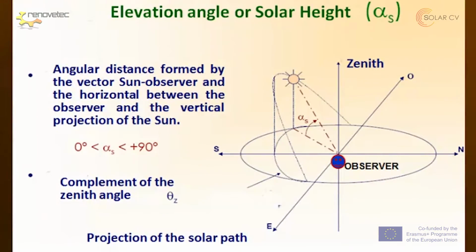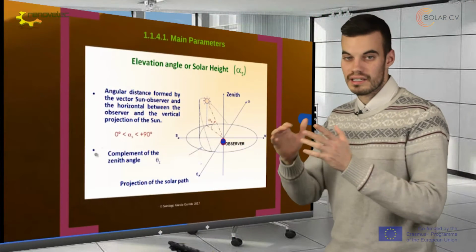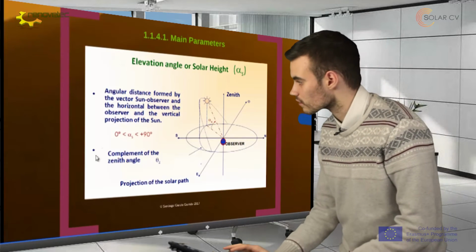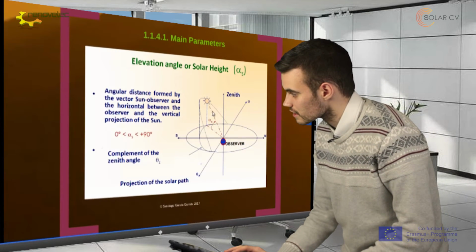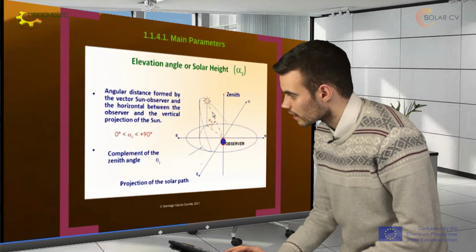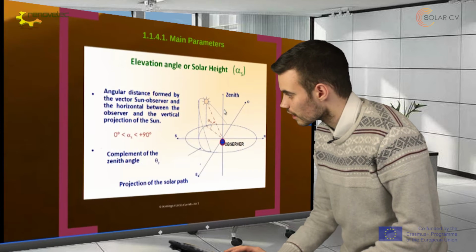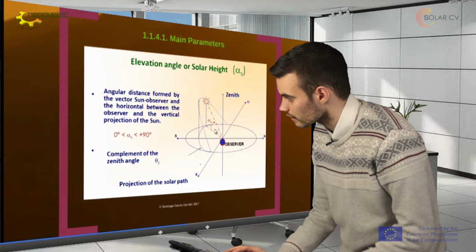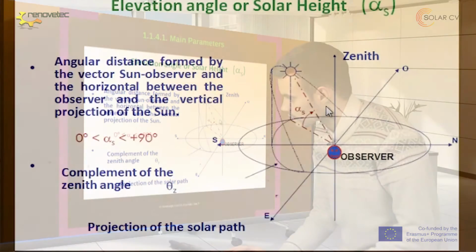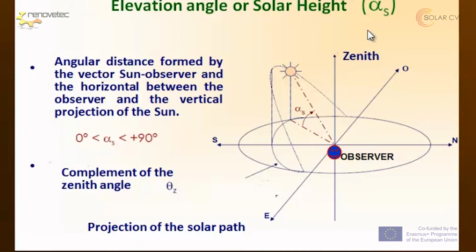On the other hand, we have elevation angle or solar height, and this is the complementary angle with zenith angle, because zenith angle is this angular distance from this vector to this height, and elevation angle is the opposite, from the horizontal line to this vector.